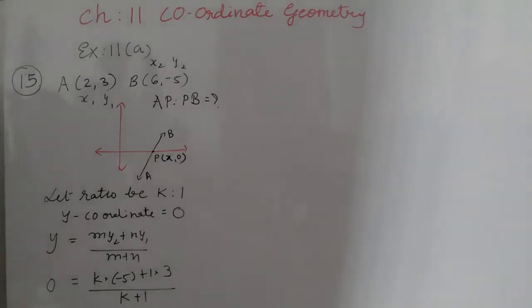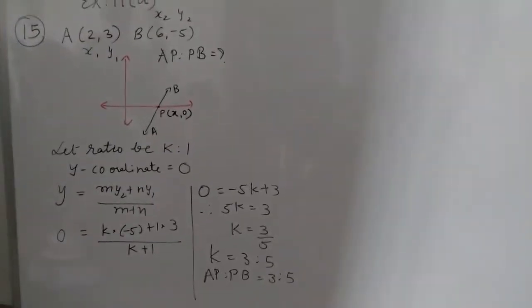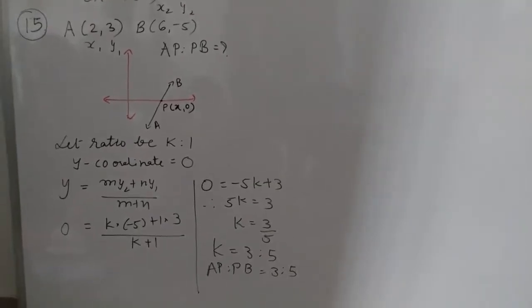Now k plus 1 multiplied with 0 becomes 0. So here I write 0 is equal to minus 5k plus 3. Therefore 5k is equal to 3 and k is equal to 3 by 5. It means we get the ratio 3 ratio 5, or you can say AP ratio PB is equal to 3 ratio 5. So this is our final answer here. Question number 15: y coordinate is 0 and AP ratio PB is 3 ratio 5.